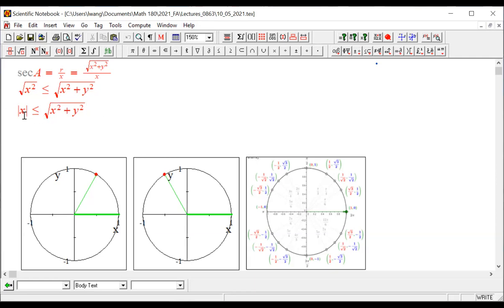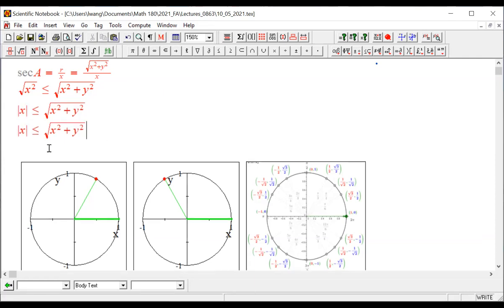So x is between the negative of the radius and the positive of the radius.